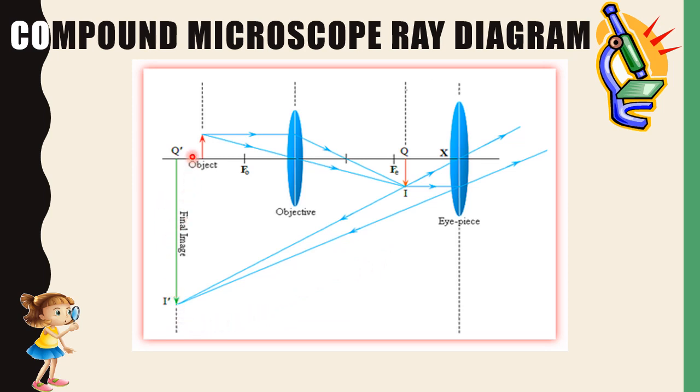This is why, if you keep a microscopic object like a plant slide, animal slide, or microscopic organisms beyond the focus of the objective and view through the eyepiece, we get, on the same side in the case of a compound microscope, an enlarged image which will enable us to study the characteristics of that object in detail. I hope you understood it clearly.